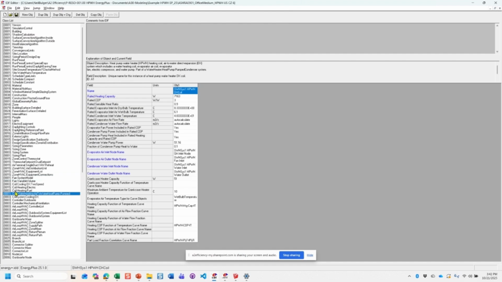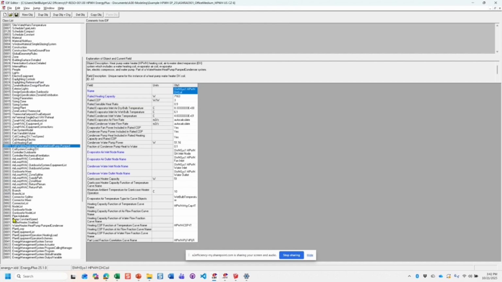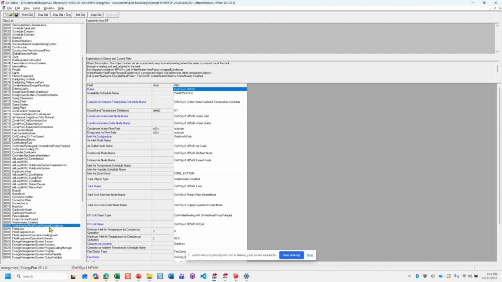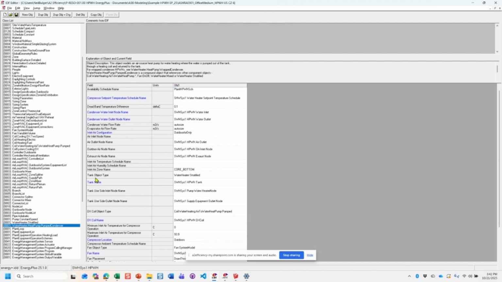So let's go down there in different spots. This is the main object I talked about, the pumped condenser object. I'm calling it the main object because it's where it stitches the other objects together. It asks what is the name of the tank? What type of tank is it? It's a water heater stratified tank. Okay, great.